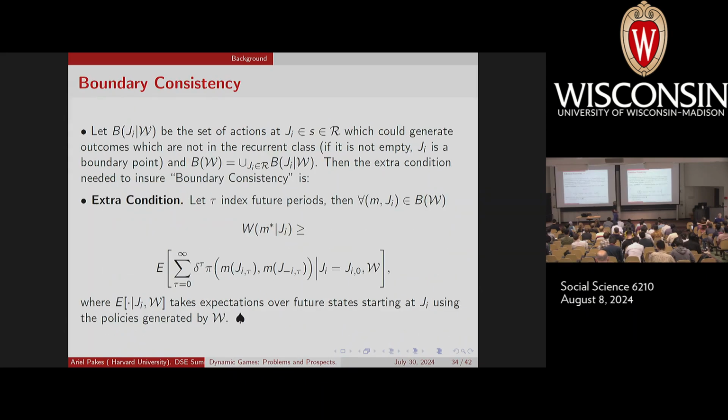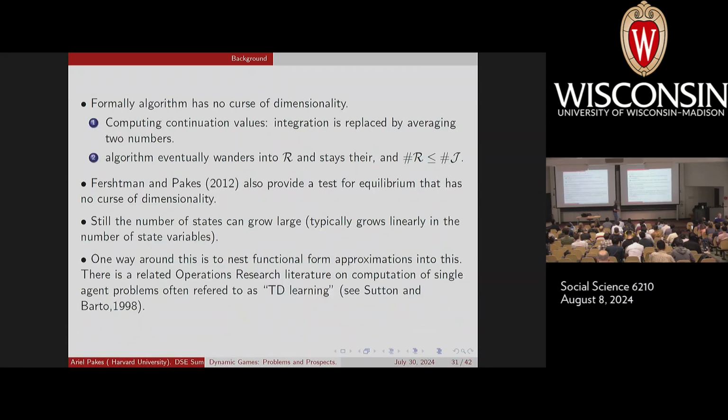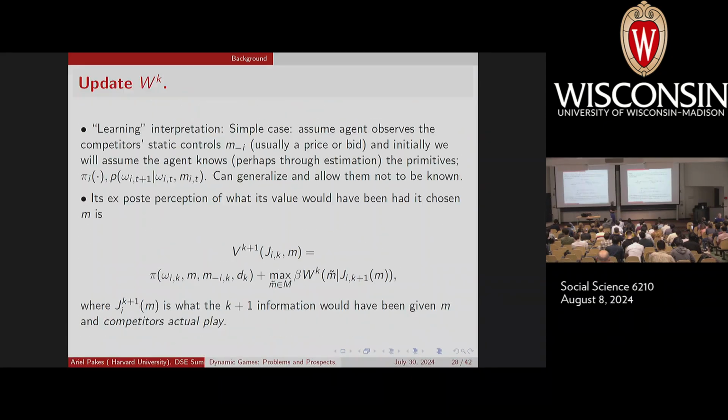Okay, so I didn't put this in here. I probably should have. Suppose you did the test for the fixed point by brute force. What's the test for the fixed point? It's that this is true. To find out if this is true, I'd have to integrate out over the possible states of my competitors.